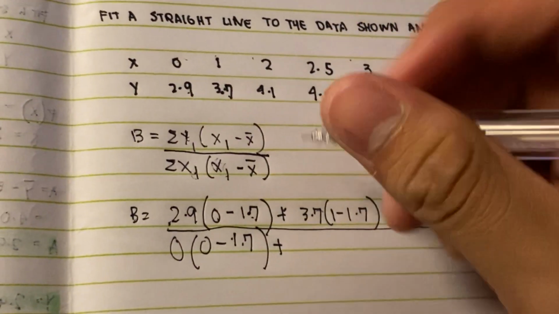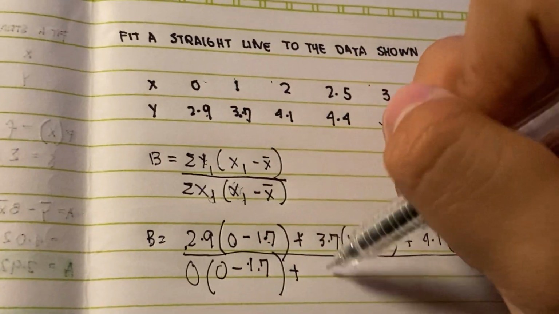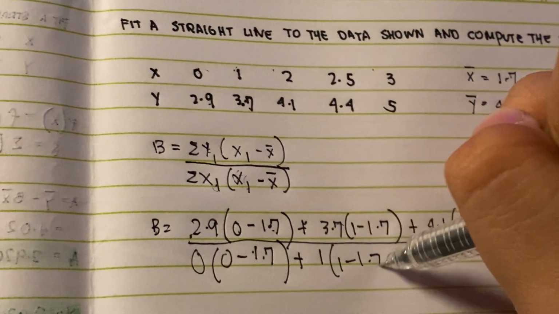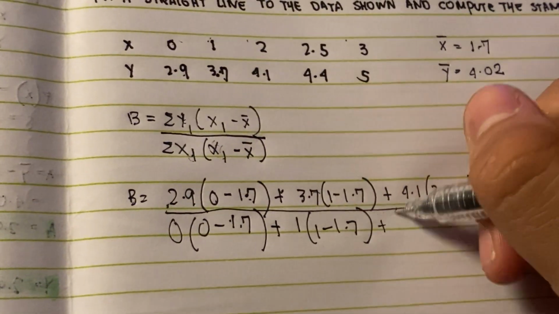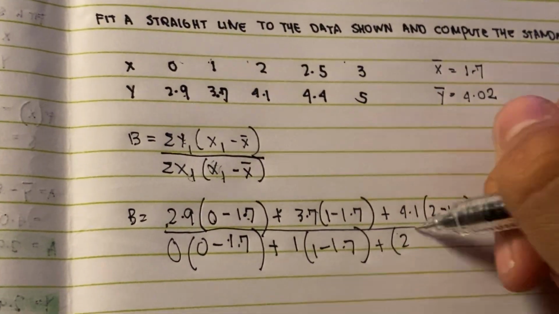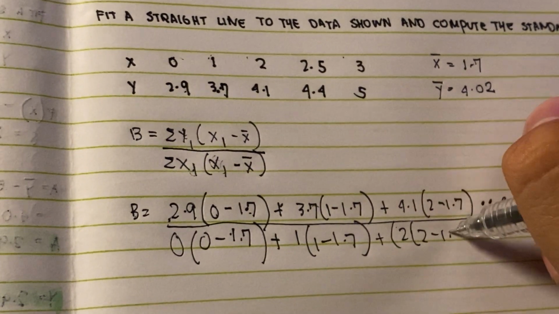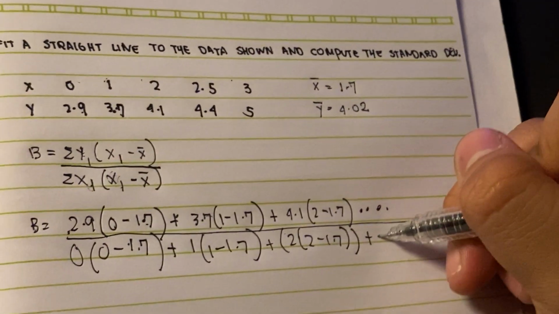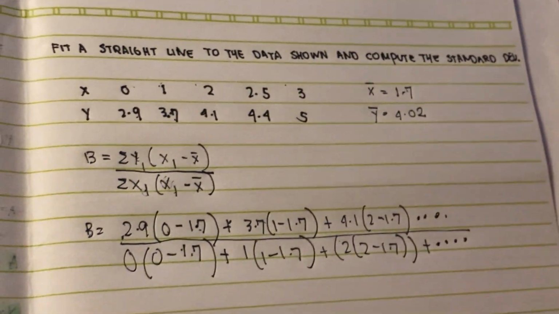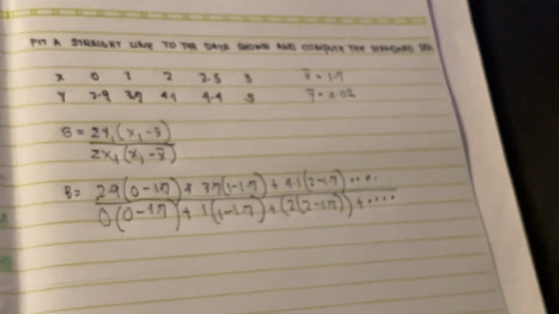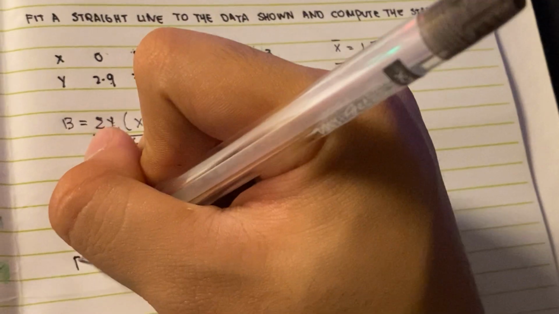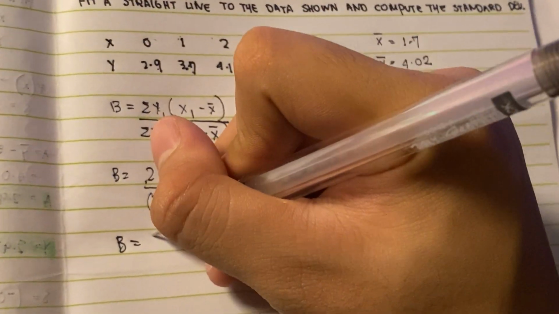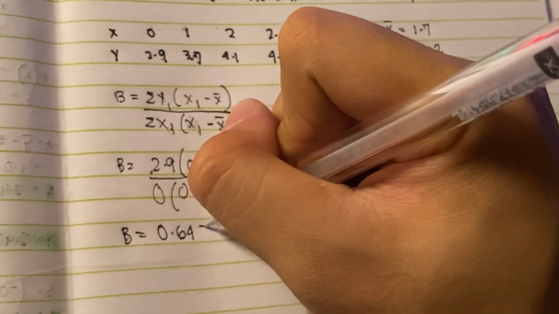Next observation, 1 times 1 minus 1.7 plus 2 times 2 minus 1.7 plus, tatlo pa lang. Kung manual naman, kung calculator ka naman diretso, hindi na siya needed. So, b equals, if masolve natin itong solution na to, magkakaroon tayo ng value ng 0.6431.